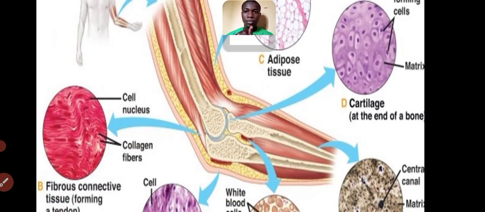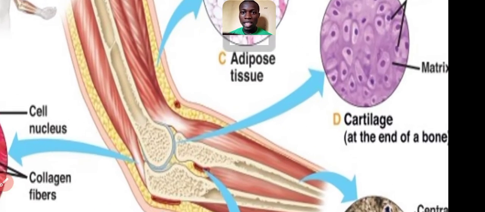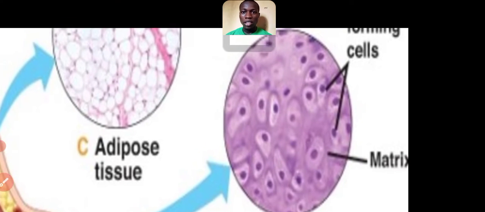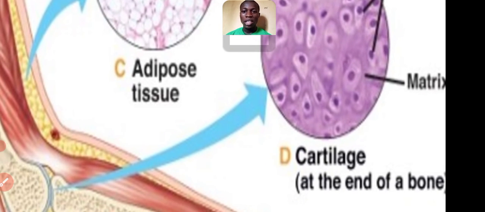Now, as I was saying about connective tissue, this is a structure of the human hand, relating to what a connective tissue is like. When we look at this layer here, this is the cartilage at the end of the bone.